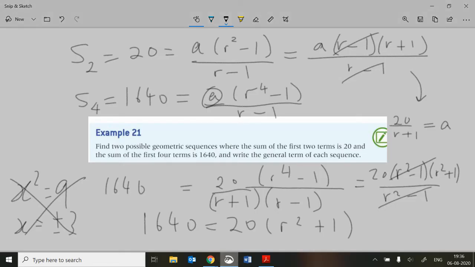Once you put back in your r value, you can find your two values for a, and the question comes together quite nicely then, because you've got a general term, which is going to be a times r to the n minus 1. So that's going to be your un.